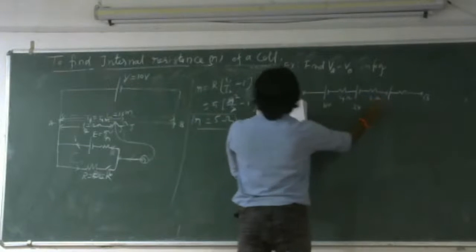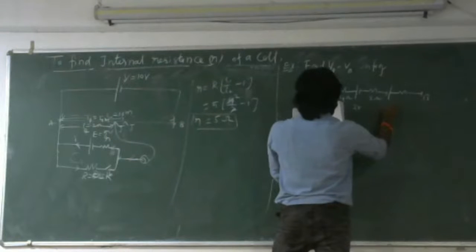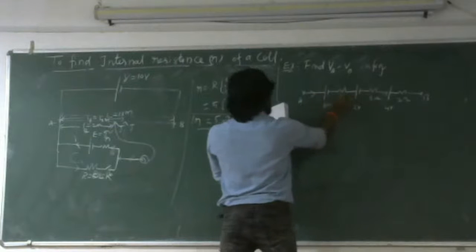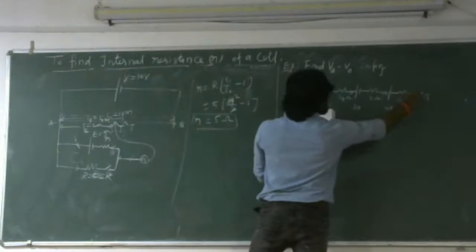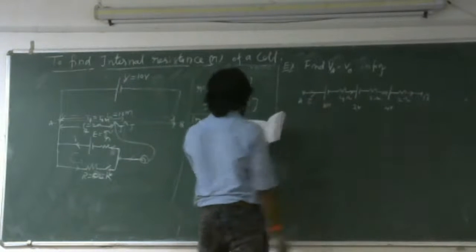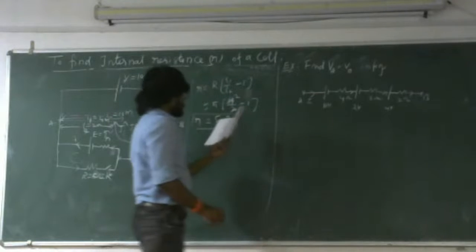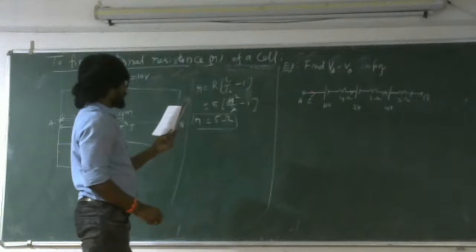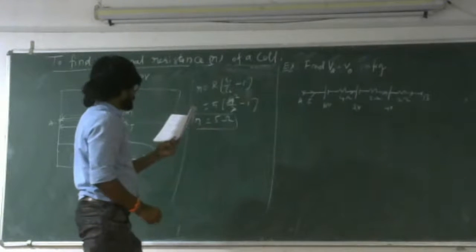This is 3 ohm. This is 4 volts. This is 2 ohm. This is B, and current is flowing in this direction. This is the direction of current.